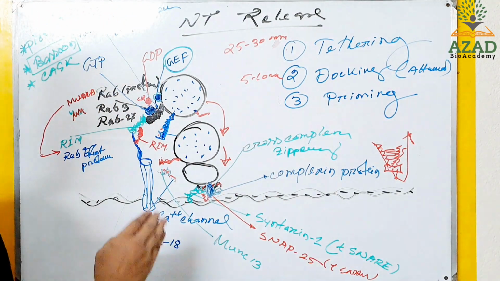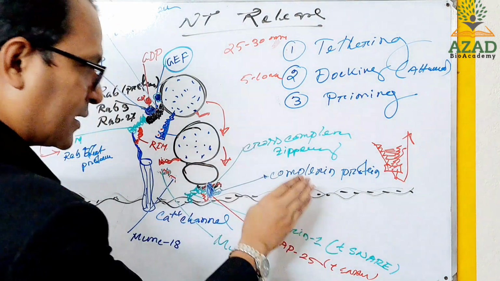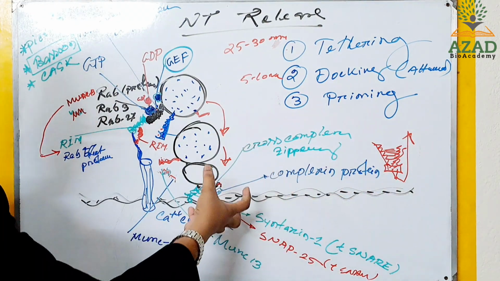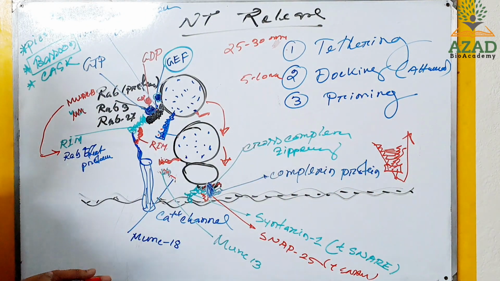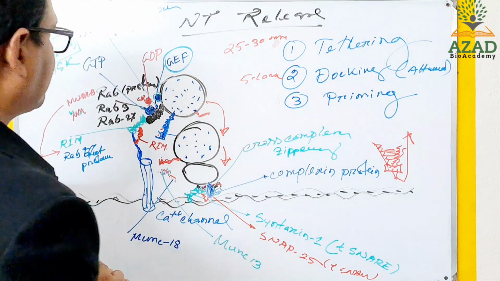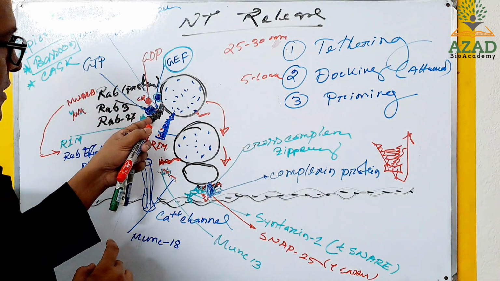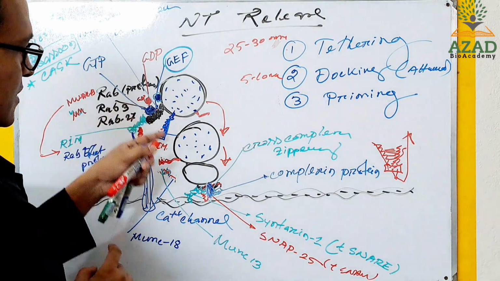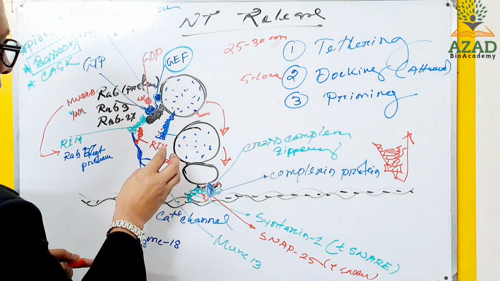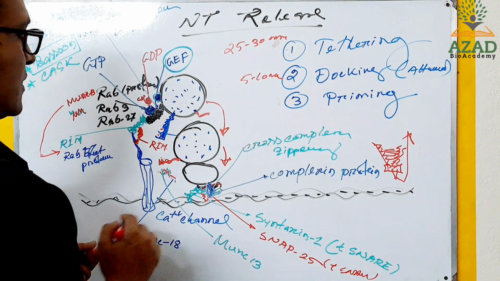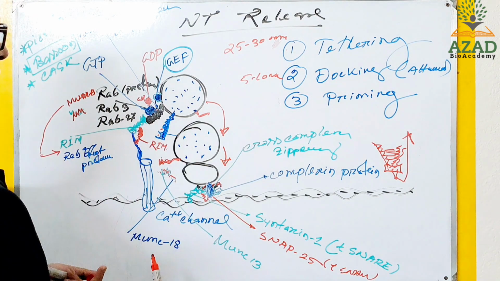Okay, so before going to the next step, that is fusion, another thing will happen. At that stage, the RAB GTP attached there will be hydrolyzed by GAP protein.